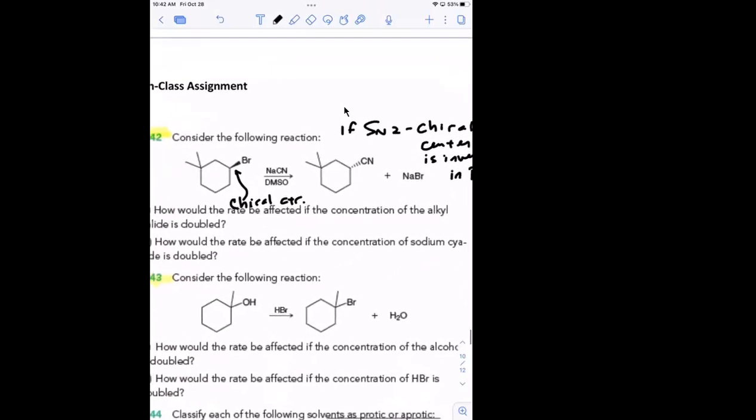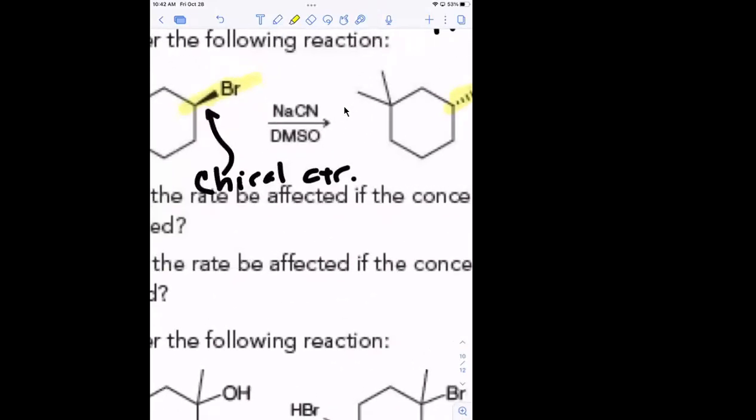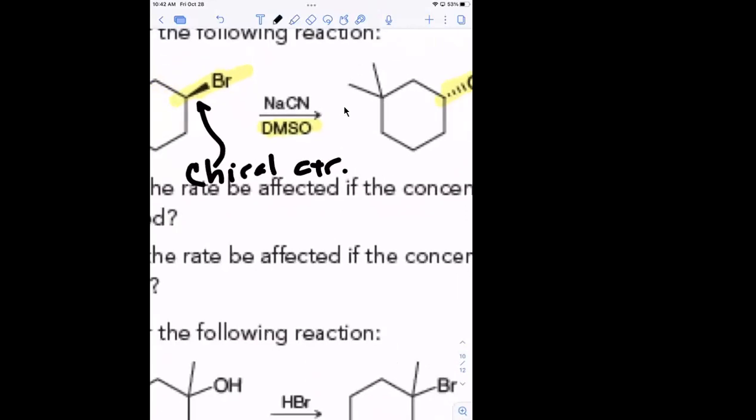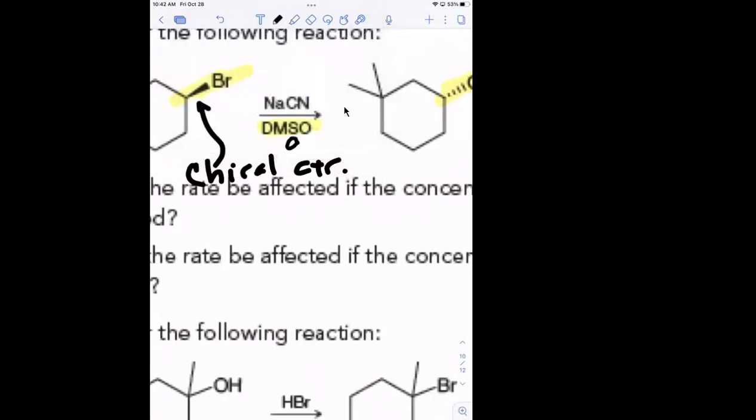And you can see that this is coming out of the screen, and that's going back into the screen. Also, DMSO is another key to knowing that this is SN2, because it's a polar aprotic solvent, actually a very good aprotic solvent.